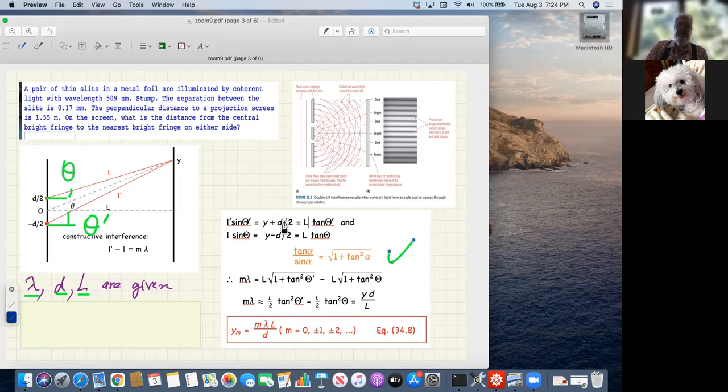But I'll have the cross terms. 2 times y times d over 2 is y times d, minus minus y times d. So when I combine them, that'll be 2yd. So I'll have L over 2, 2yd. So that'll be y times d over L.